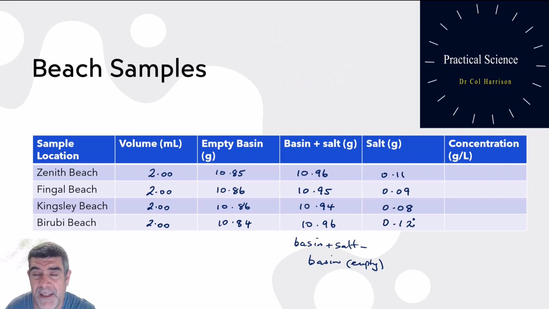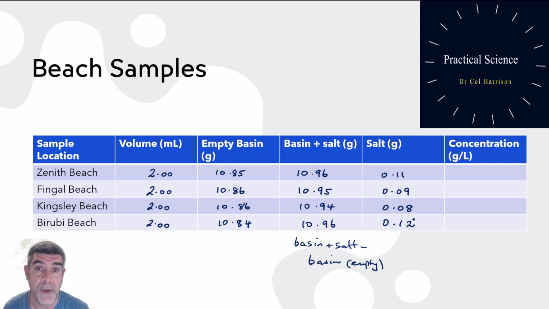Now you can see that if our initial hypothesis was that this is ocean water, so it shouldn't show much variation, we can see a little bit of variation there. And in fact, if we extrapolate those values out to concentrations in grams per litre, remember this is grams for every 2 mL.